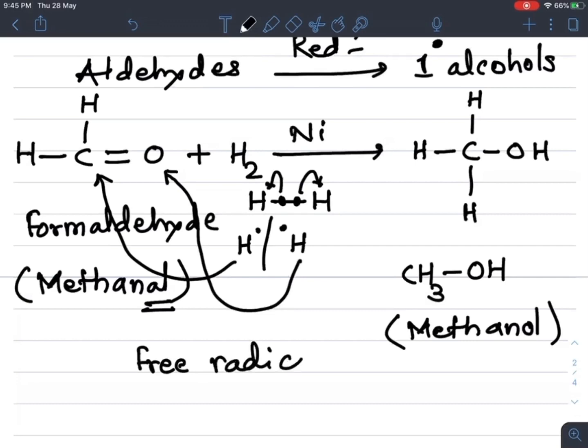By homolytic fission these free radicals are formed, and they simply undergo addition reaction with the aldehydes and we get the corresponding primary alcohols. So aldehydes give only primary alcohols.